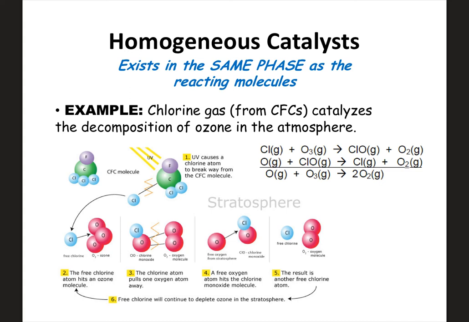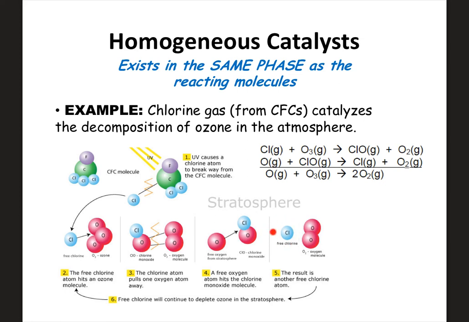That chlorine would then hit a molecule of ozone, essentially breaking it down, pulling away an oxygen. And then in the process, you get another free oxygen that can hit that ClO molecule, which forms O2 gas.